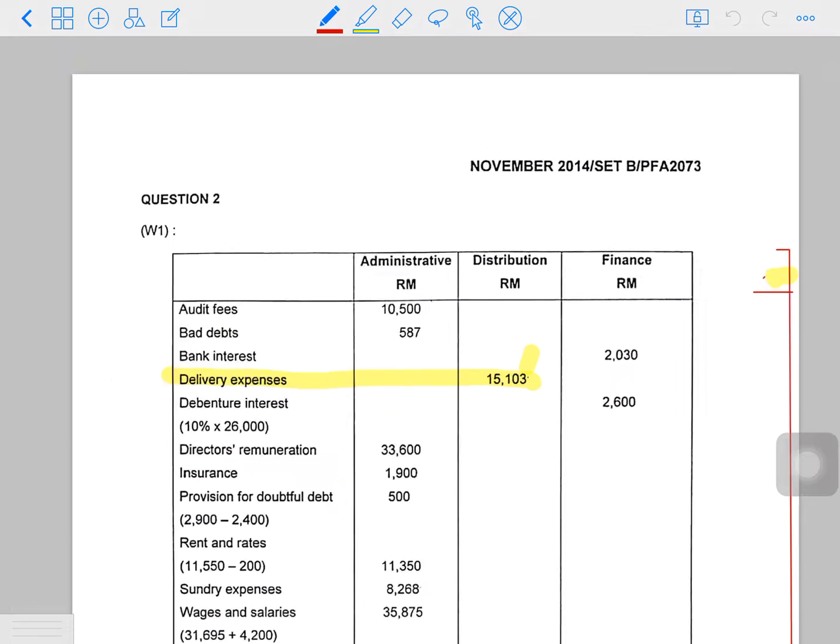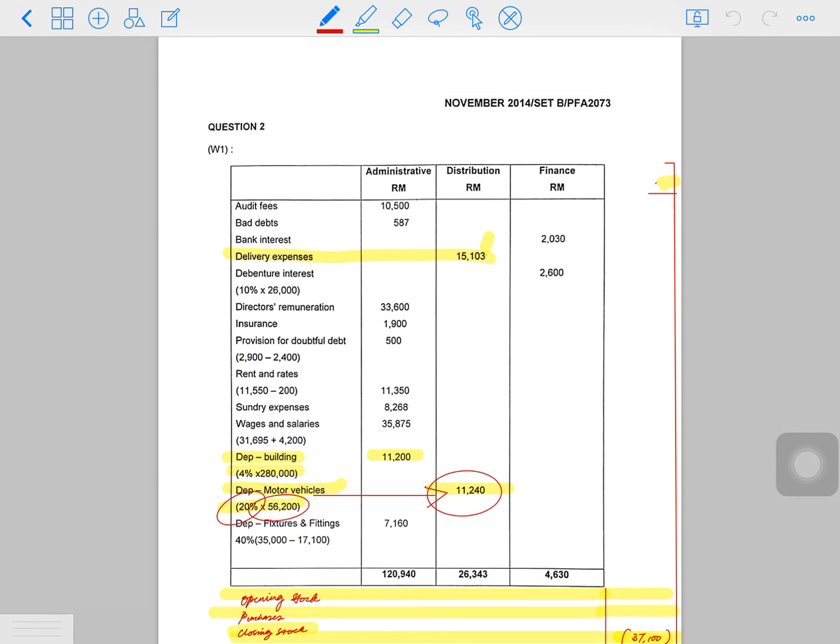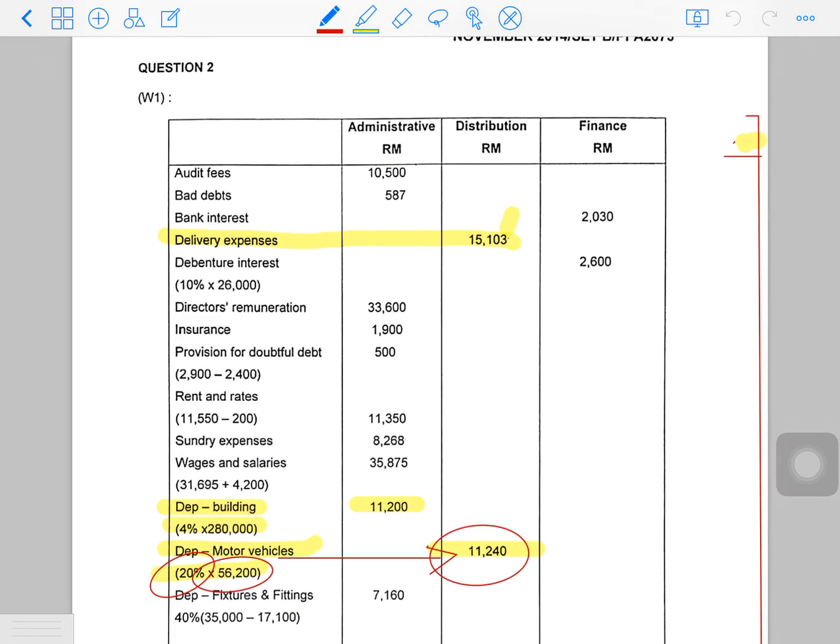Okay, I forgot to mention that the solution has given the working for every category of expense. They put up administrative expense, distribution expense, and finance expense, but they forgot to put in the cost of sales.